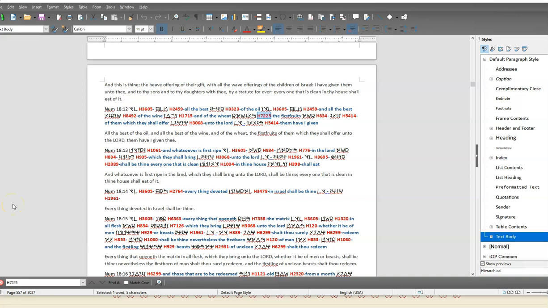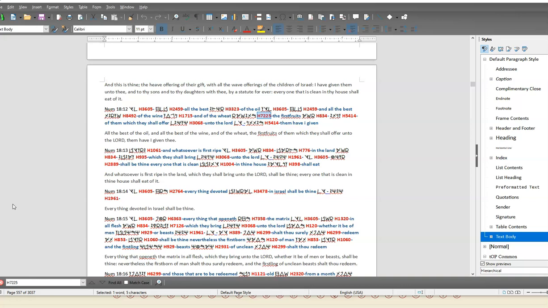Because it says kol halab, so all, really the fats of yitze'er, and they're saying that's oil, and kol halab, all the fats of tirush, they're saying is wine, udagan, and they're saying that's wheat. And then they say, Rashitem asher yitanu.